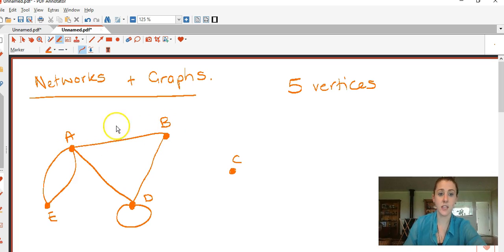So I've got the edge AB, I've got the edge BD, then I've got this loop here which connects D to D, and then these here are two different edges. So where two edges connect the same points, it's called multiple edges.